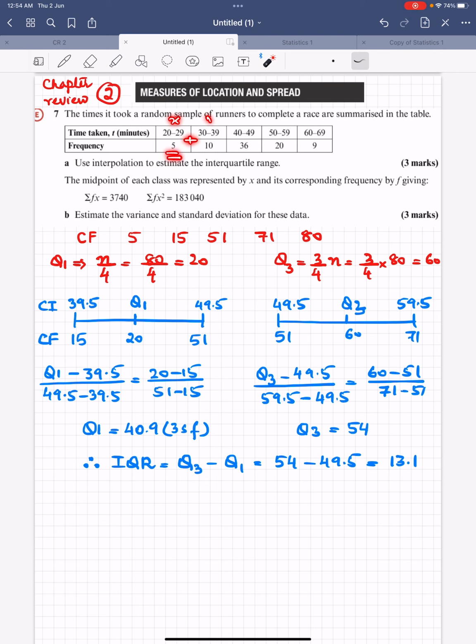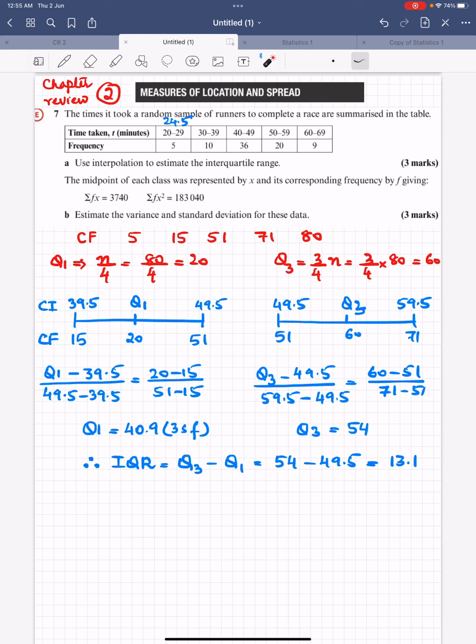We also have the squares multiplied by the frequency, which means we take the midpoint here, 20 plus 29 divided by 2, that will be 24.5. For example, we have 24.5.